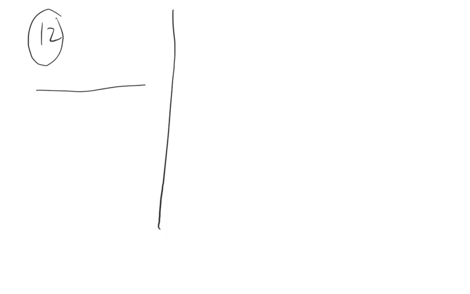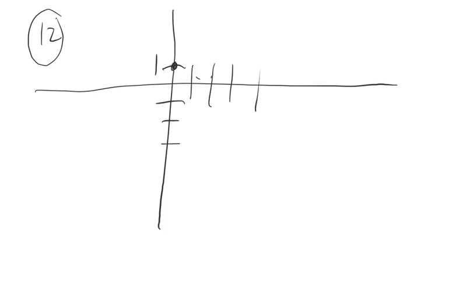So problem 12 gives you a graph, and you're supposed to find the equation of the graph. The graph crosses through, for example, 1 on the y-axis, and then it goes down, 1, 2, 3, 4, and then 1, 2, 3, 4, 5, 6.